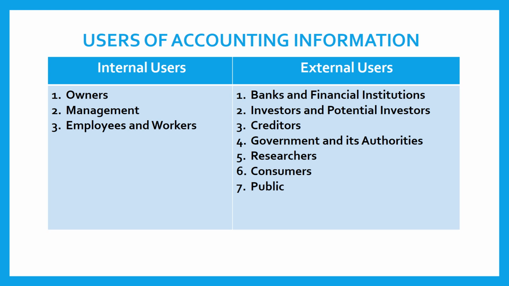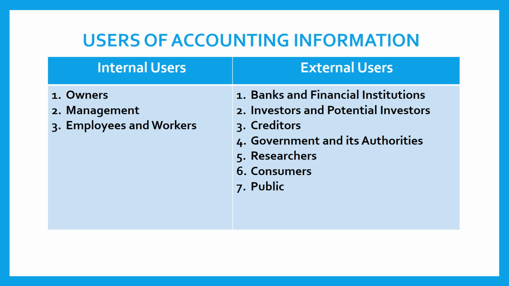So before granting credit in terms of goods, services and raw material, they would like to ensure whether the business where they are supplying the goods on credit has creditworthiness or not, whether the business will be able to make the payment to the creditors in future or not. So in order to make such decisions, the creditors are interested in the accounting information.